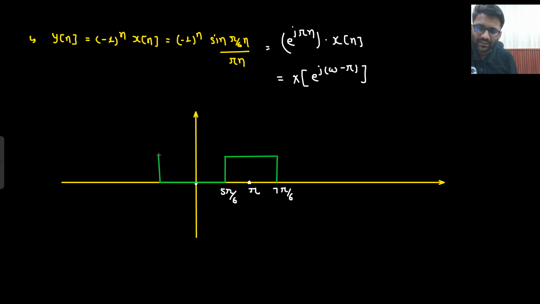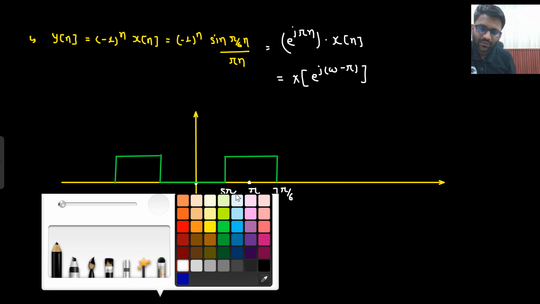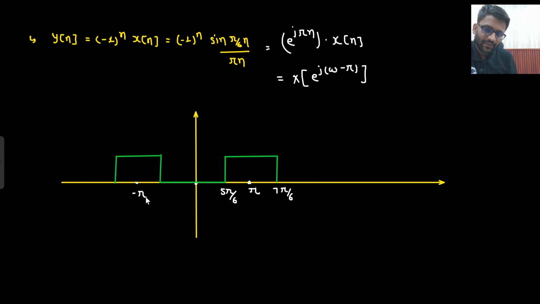So in that manner it will just keep on repeating, and a similar thing is happening on this side as well. This center was at pi, so this point will be minus pi. Then it is periodic with 2 pi, which means the next center will be at 3 pi. Three pi plus pi by 6 is 19 pi by 6, and 17 pi by 6 here.